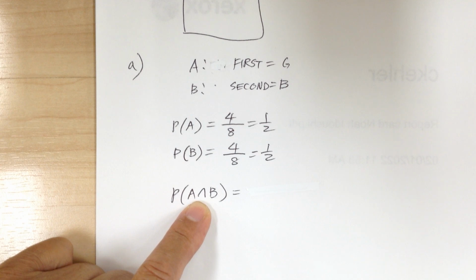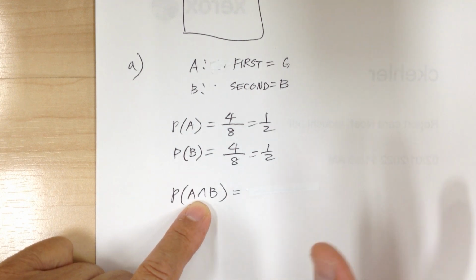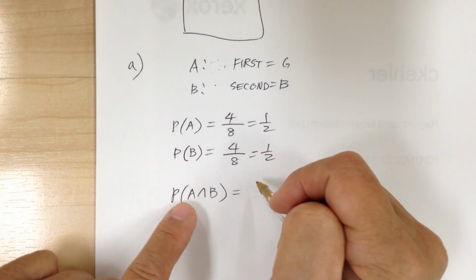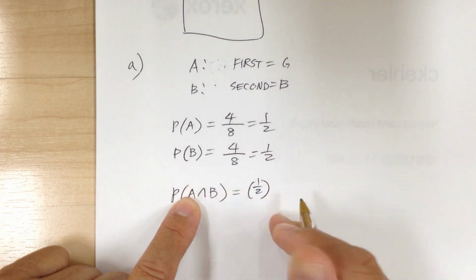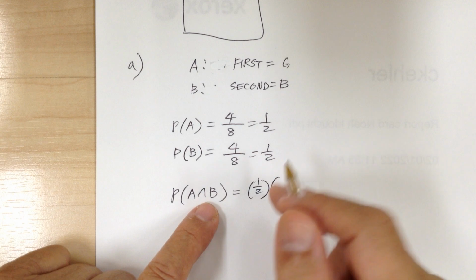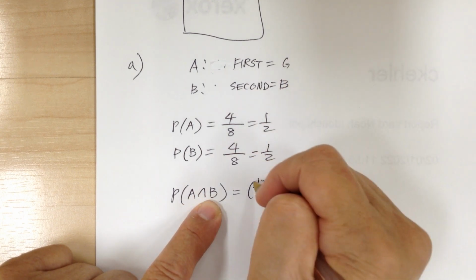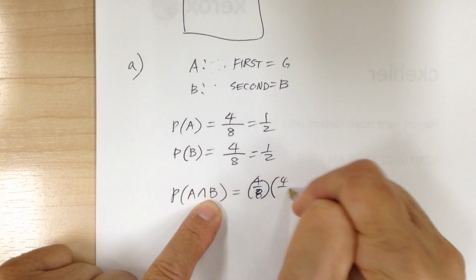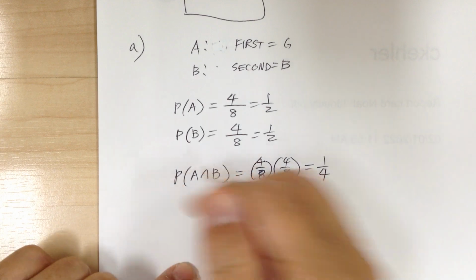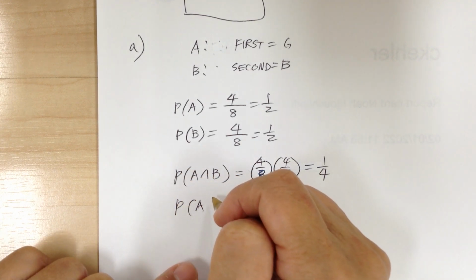You don't have to, because combination is when you get more than one at a time. So when you're getting one at a time, it's easier to just use fractions. You want the first one green, so it's 1/2. Since you put it back, the sample space is the same, so you get 8, right? And multiply, and the second one is blue. So it's 4 out of 8 times 4 out of 8, and you multiply, you get 1/4. Okay, that's it.